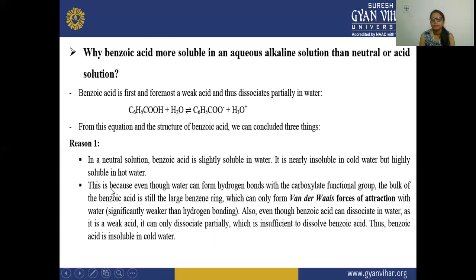This is because even though water can form hydrogen bonds with the carboxylate functional group, the bulk of benzoic acid is still the large benzene ring, which can only form van der Waals forces of attraction with water, significantly weaker than hydrogen bonding.